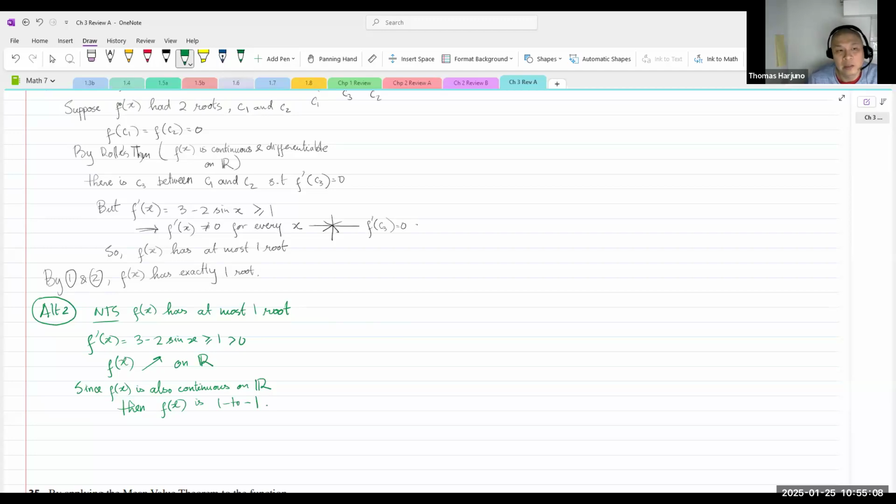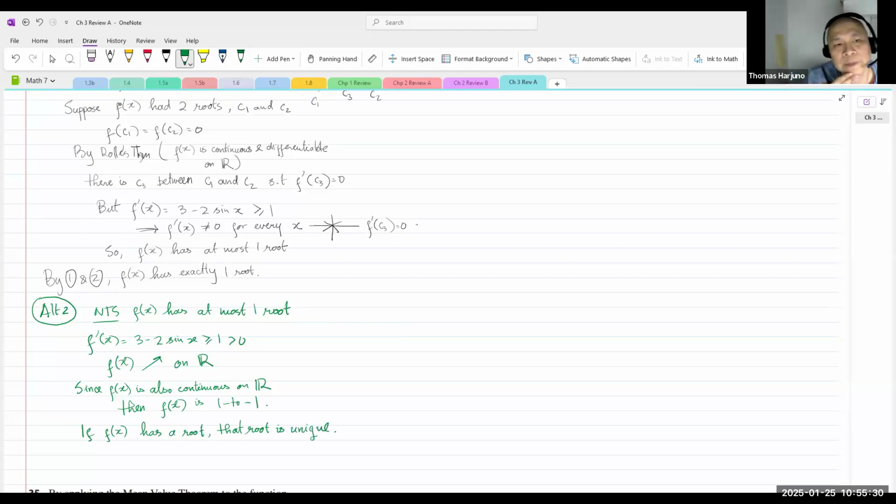Which implies if f of x has a root, that root is unique. That's the only root it has.